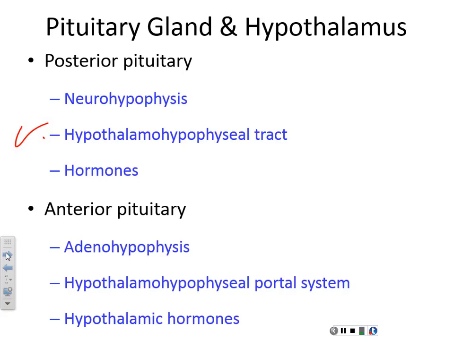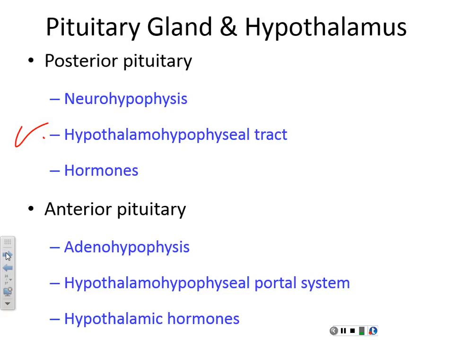So sometimes I ask, can you tell me how the posterior pituitary is controlled by the hypothalamus, or the anterior pituitary? So you talk about that. And then the anterior pituitary is controlled by hormones. Like growth hormone releasing hormone is released by the hypothalamus, and it causes growth hormone release from the pituitary. And because hormones travel in blood, there's a connection of blood vessels which is called the portal system: hypothalamic-hypophyseal portal system.